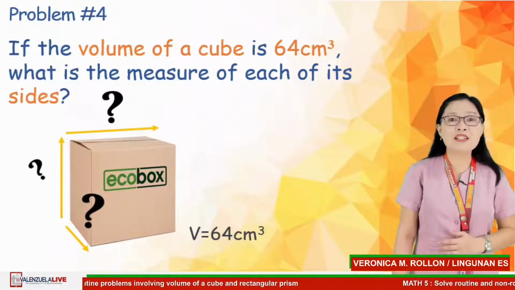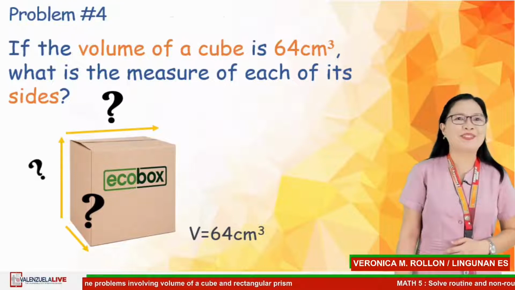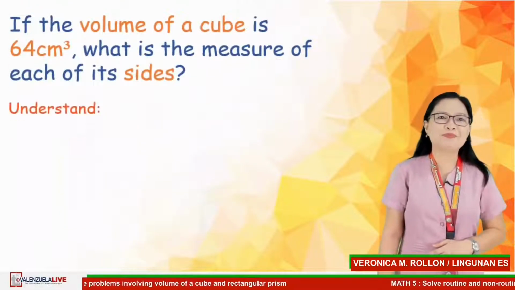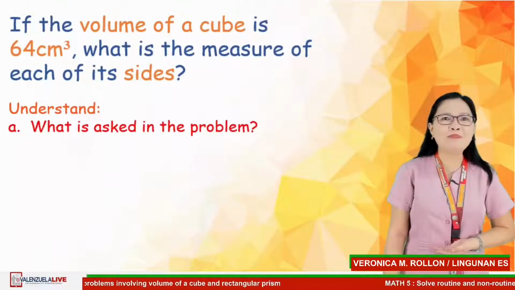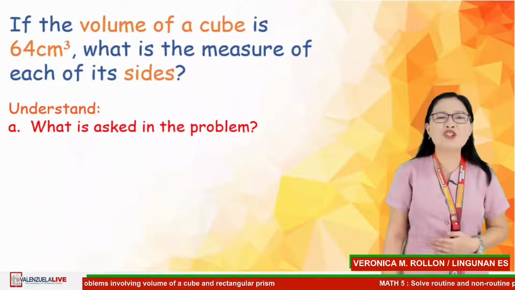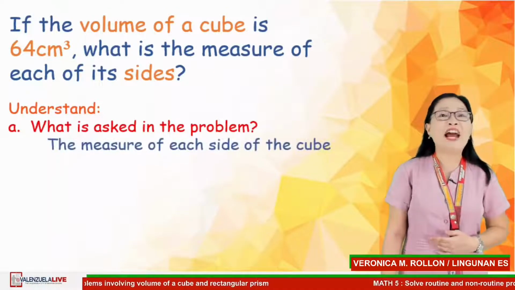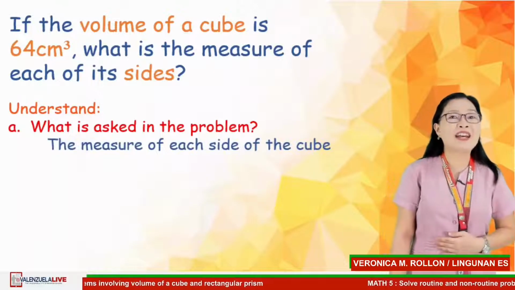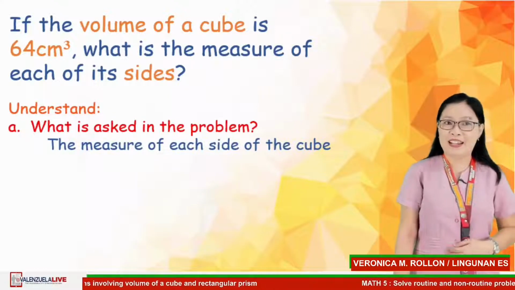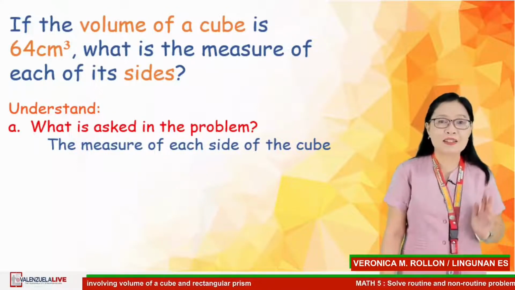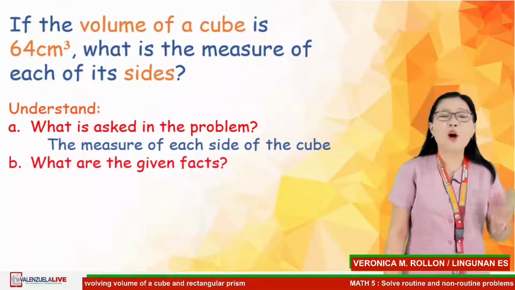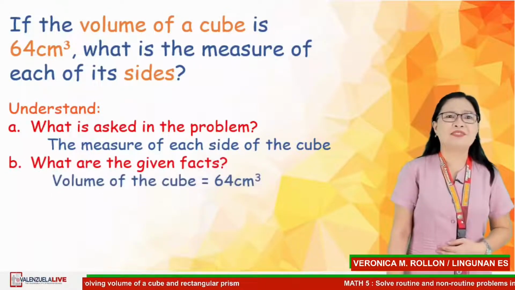The volume is 64 cubic centimeters. Let us plan. Again, what is asked in the problem? What is the measure of each side of the cube? That is the unknown. What are the given facts?